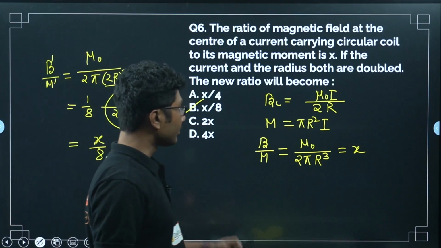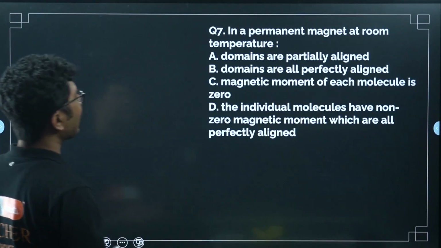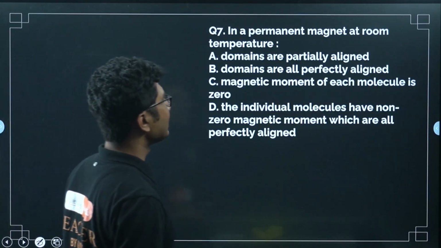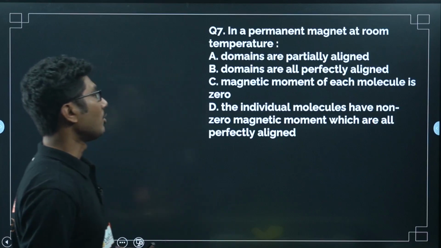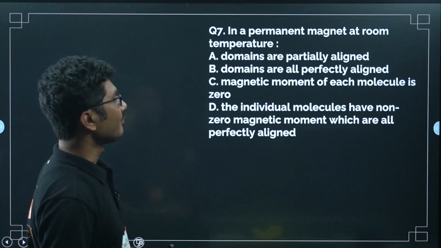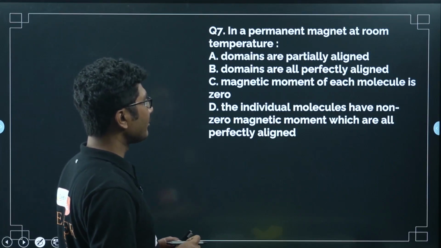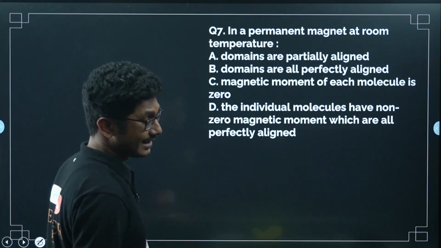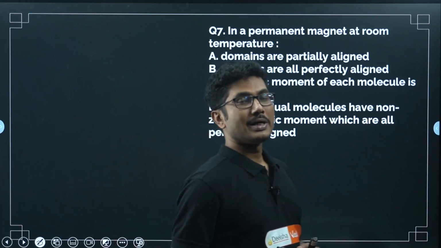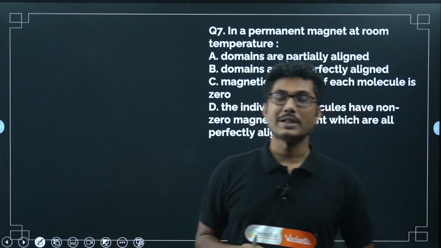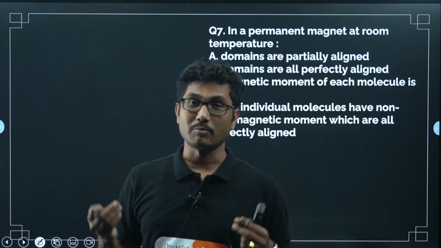Now let's move on to the next problem. In a permanent magnet at room temperature, domains are partially aligned, domains are all perfectly aligned, magnetic moment of each molecule is 0, the individual molecules have non-zero magnetic moment which all are perfectly aligned. Now you should remember that domains cannot perfectly align because domains consist of atoms or molecules.